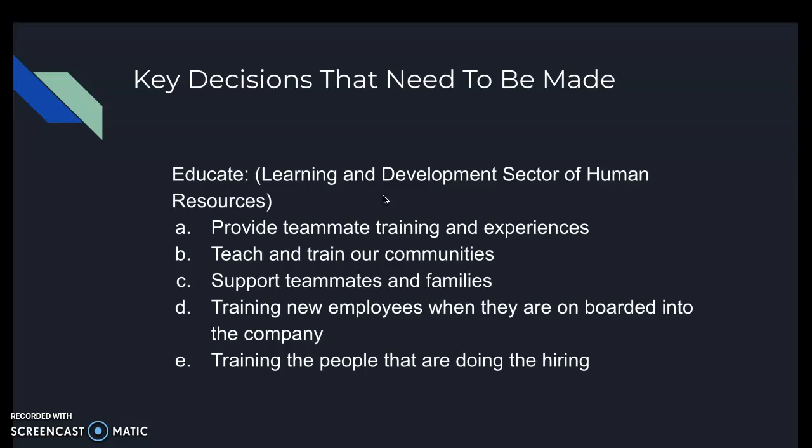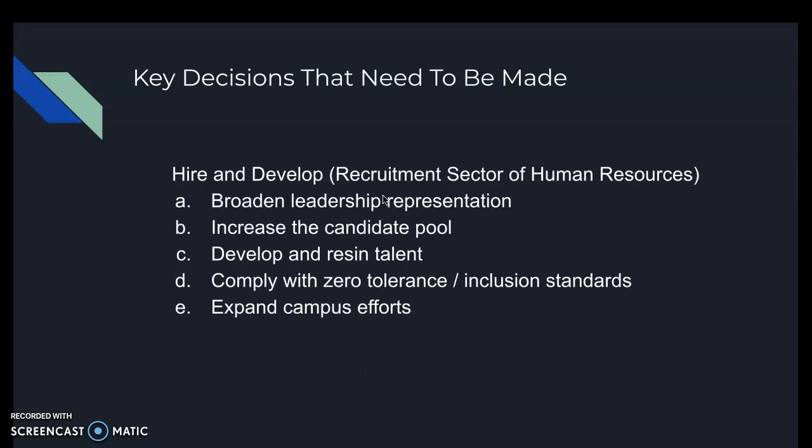By doing this, we can provide teammates training and experiences, teach and train our communities, support teammates and families, train new employees when they are onboarded into the company, and train the people doing the hiring. With the hire and develop section, we can broaden our leadership representation, increase the candidate pool, develop and retain talent, comply with zero tolerance inclusion standards, and expand campus efforts.